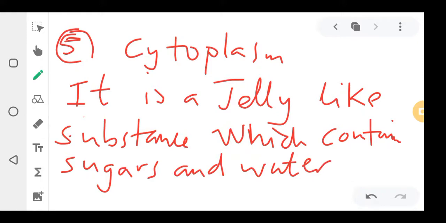Okay, so cytoplasm contains sugars and water. It is jelly-like. And then I've got the vacuole.